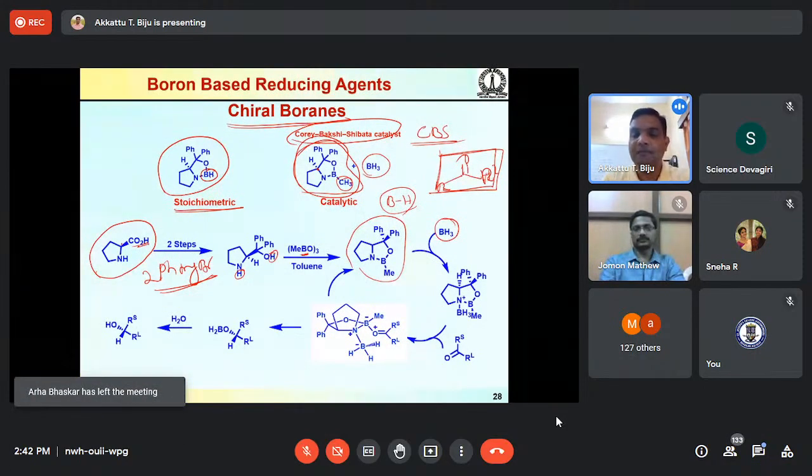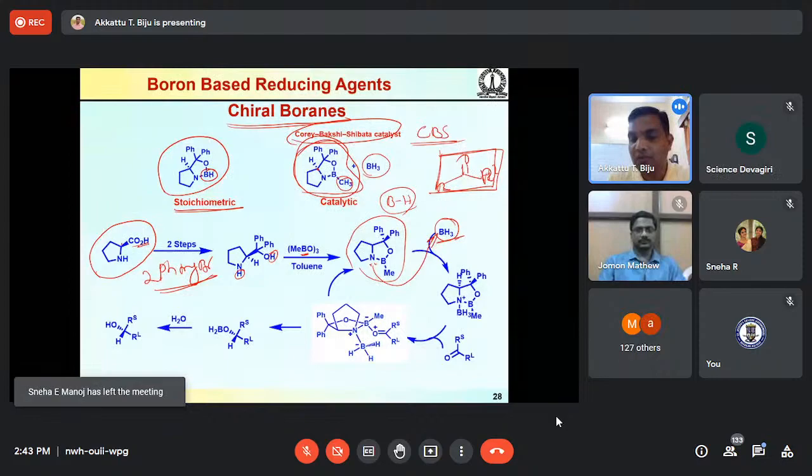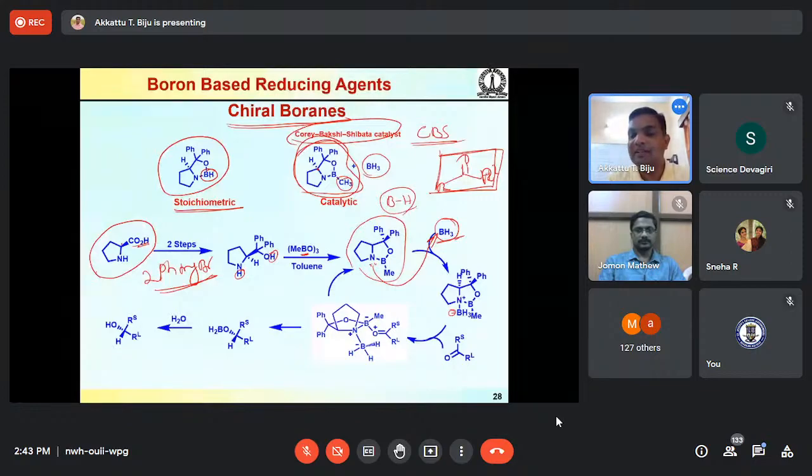So what essentially happens is when you add the CBS reagent to borane, diborane or any reagent, such as the borane THF complex that we have seen yesterday, the lone pair of electrons on nitrogen can add to the boron, generating this intermediate. Now this boron is negatively charged because the lone pair of electrons from nitrogen has been transferred to the boron. And now it is as simple as saying it is a borohydride equivalent because the boron is negatively charged.